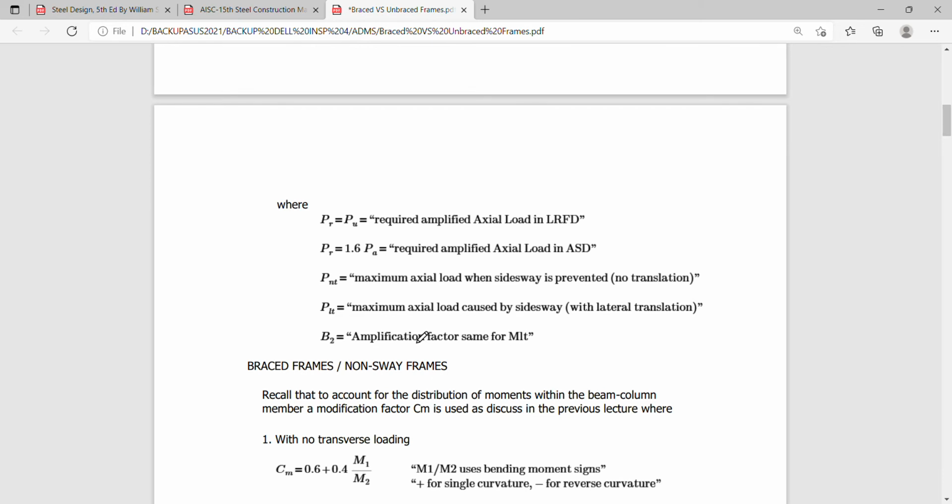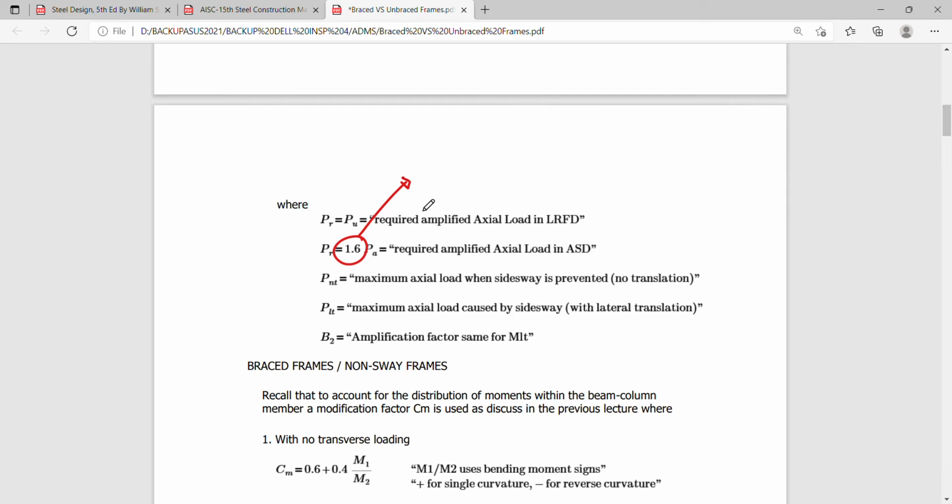So here PR is simply a required amplified axial load. For LRFD, you use the parameter PU, and for ASD, you use the parameter PA. So there's only a factor of 1.6 used here for additional safety consideration in the allowable stress design.